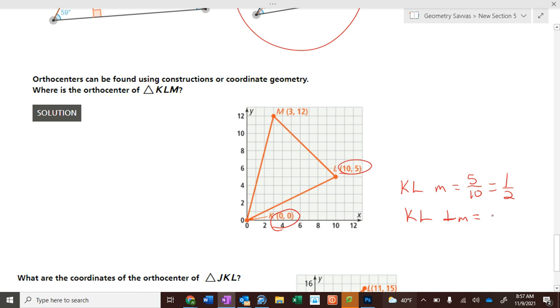No. Perpendicular is an opposite reciprocal. -2/1 or -2. So I have to go from M, the point that's not on that line, and go a slope of -2, which means I go down 2 to the right 1, down 2 to the right 1, down 2 to the right 1, down 2 to the right 1.